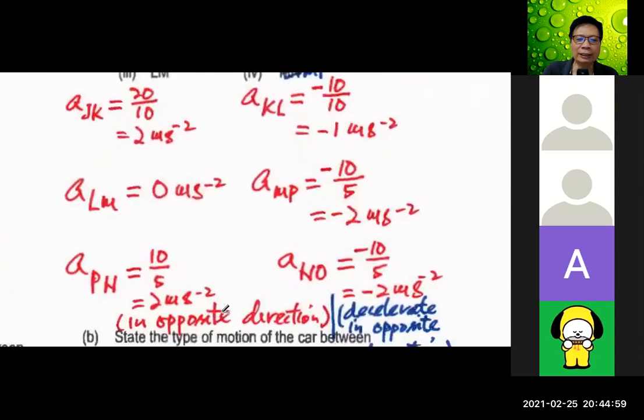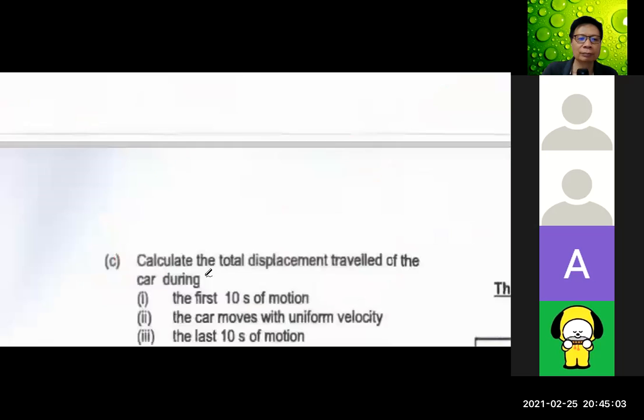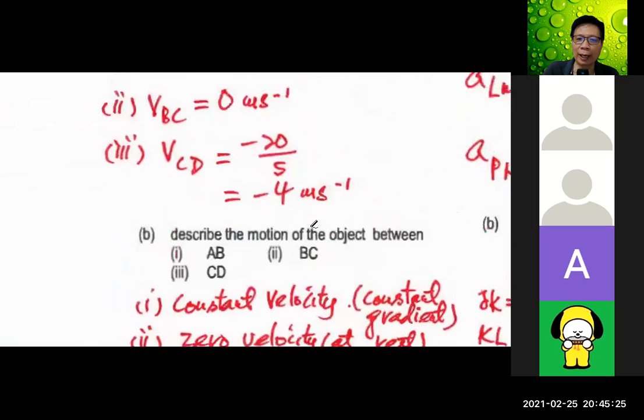They ask you to find displacement for 3 sections. First 10 seconds, followed by when the car moves with uniform velocity, and the last 10 seconds. I show you where on the graph.